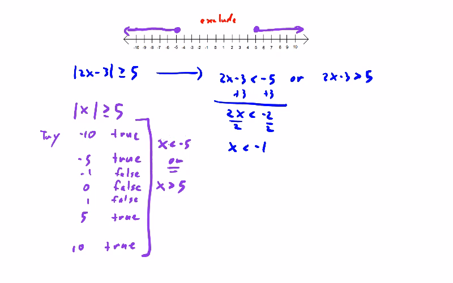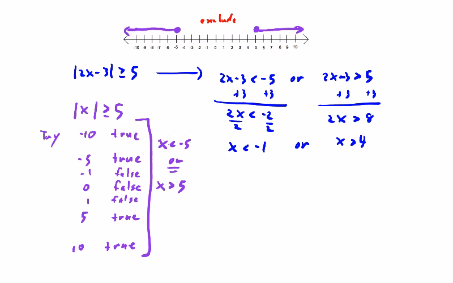When we look at the other side, we would add 3, the other possible solution. And we have, therefore, 2x must be greater than 8. So x must be greater than 4. And keep track of this, there is an or sign.